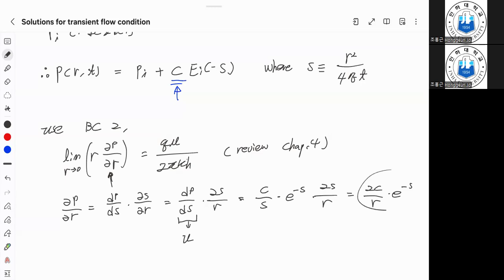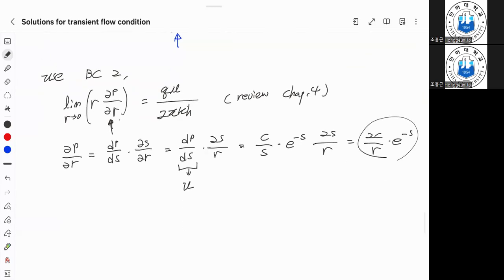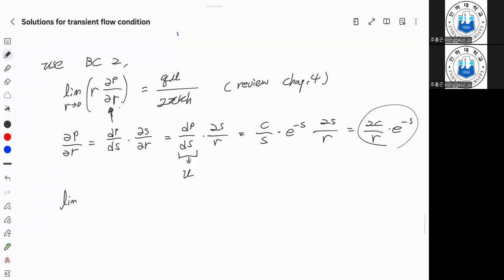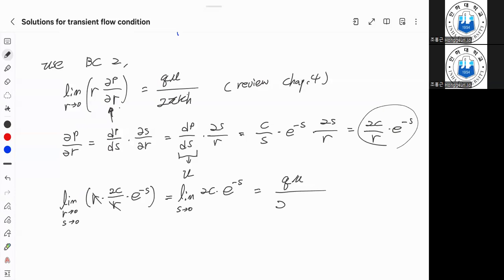Now we want to replace this equation into here so that we get the limit R goes to 0, meaning S goes to 0, and we have R times 2C over R e to the minus S. So the R is gone, and now we don't have to care about the R. So 2C times e to the minus S is equal to Q mu over 2 pi KH.